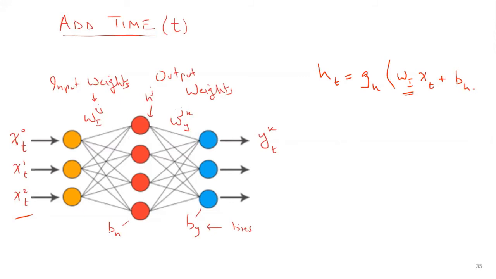Here we don't put t, not on b, because it's a weight. So the weights are going to remain the same. So you can see that we added time in two places. Similarly, you can see that y of t is going to be equal to g of y times wy times ht plus b of y. Okay.